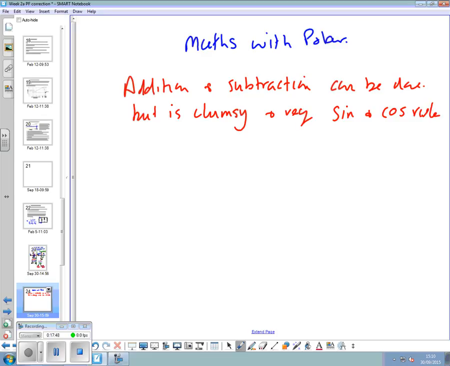For non-right angle triangles, you need to know a bit of geometry, and that's tricky. So we don't generally do that.